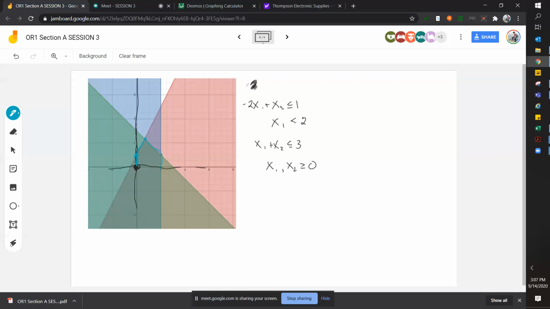Yung mga intersection na shaded area. Ito guys. Napansin niyo ba yung intersection na yun? Guys, anyone? Nakuha yung intersection kung paano kunin? Paano malaman?